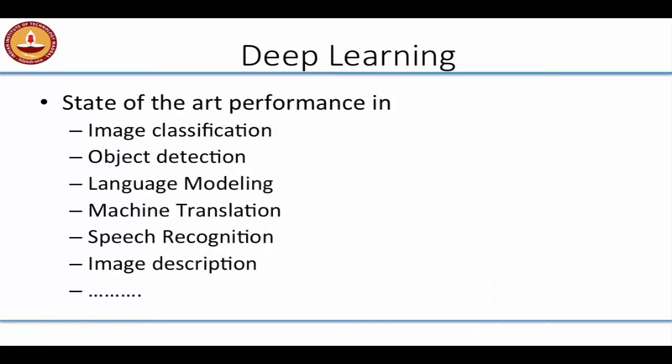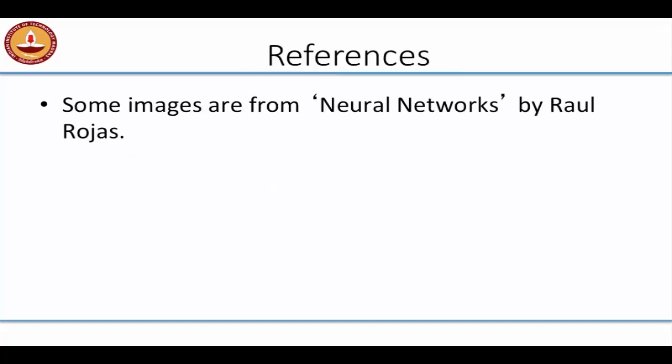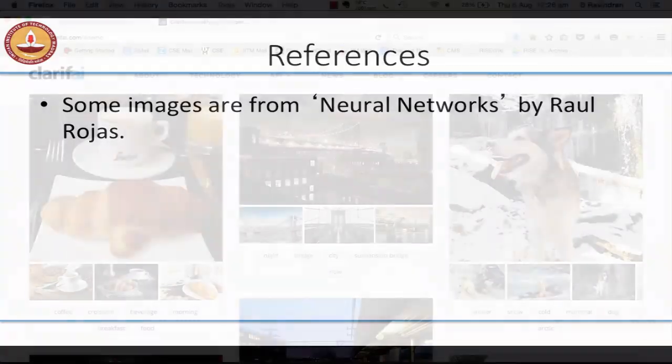Deep learning methods have yielded state-of-the-art performance in a variety of domains like image classification, object detection, language modeling, machine translation, speech recognition, image description. These are problems that were traditionally considered very hard for machine learning algorithms, and deep learning seems to have a significant impact in these areas. Some of the images I used here are taken from the neural networks book by Rojas.